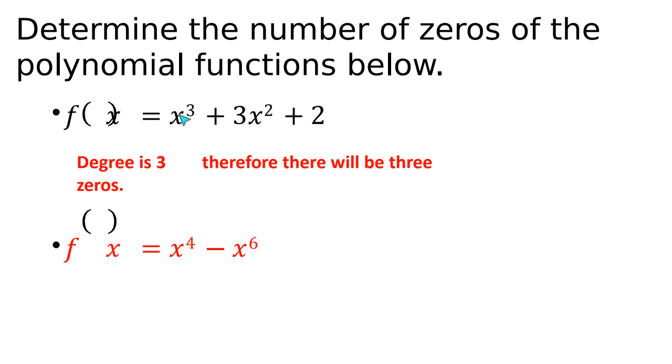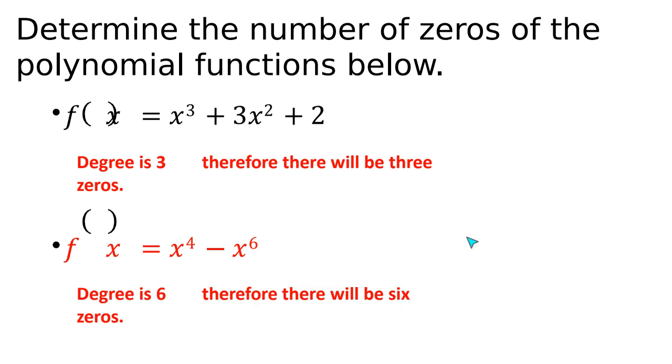The degree is 3, therefore there will be 3 zeros. And for the next one, the degree is 6, so there will be 6 zeros. And remember, sometimes the zeros can repeat, and that's a conversation about multiplicity. That is going to tell us if my graph crosses or touches at that zero.